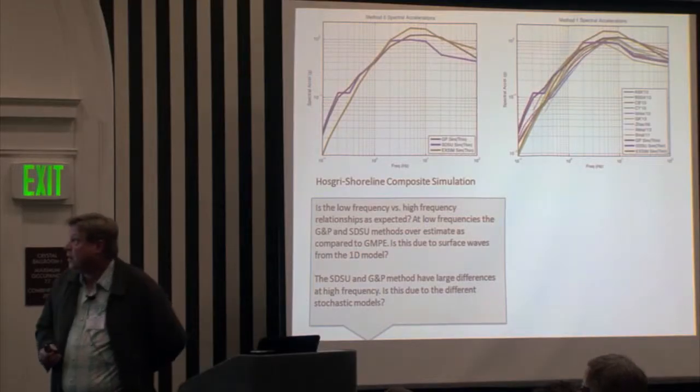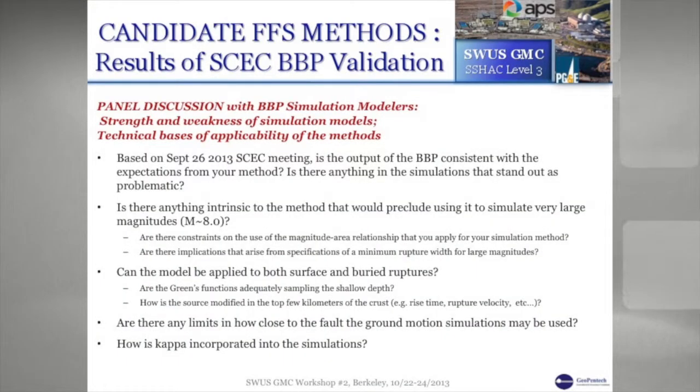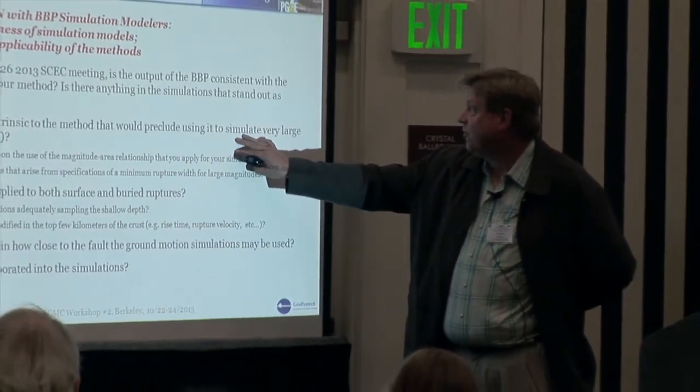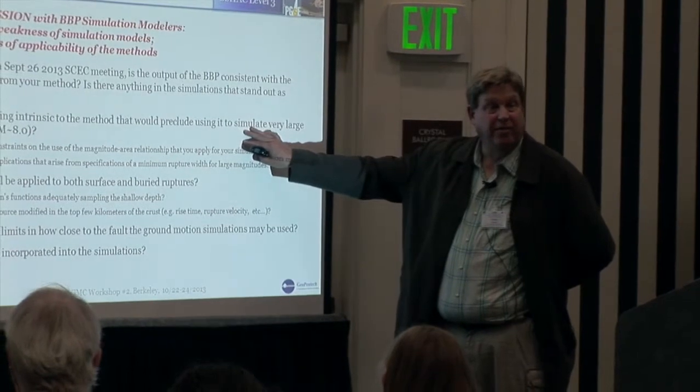And so that motivates the questions. The first general question is, based on the September 26th SCEC meeting, is the output of the broadband platform consistent with expectations for the method? Is there anything in the simulations that stands out as problematic? Another general question addresses application of the approaches to very large magnitudes, approximately 8.